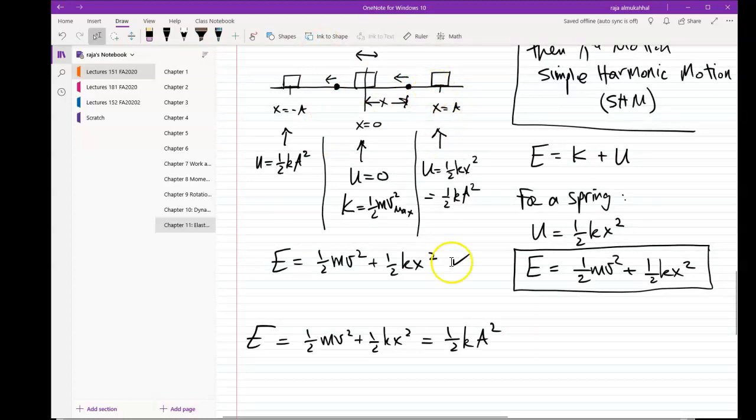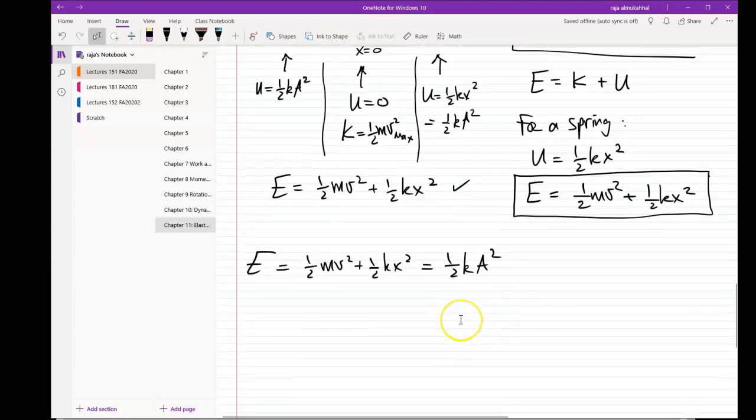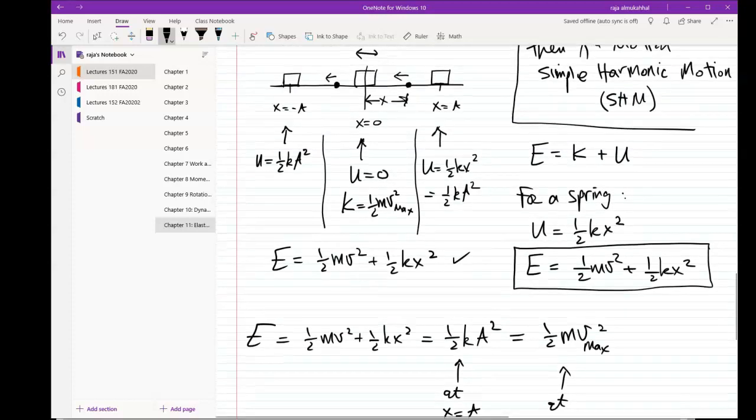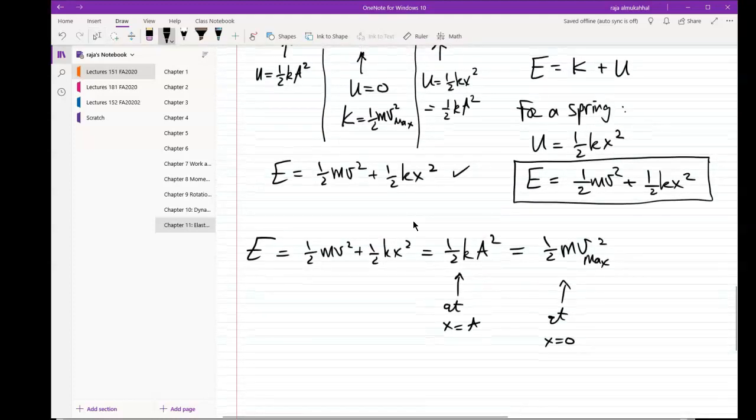It's all potential. And at the other extreme it's also the same thing, 1/2 ka squared. And so this is at x equals A. And it's also equal to 1/2 m v max squared at equilibrium, right here, as I explained just a minute ago. So all these equations are equivalent to each other because energy is conserved.